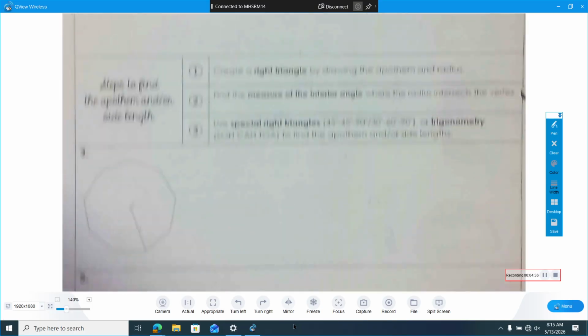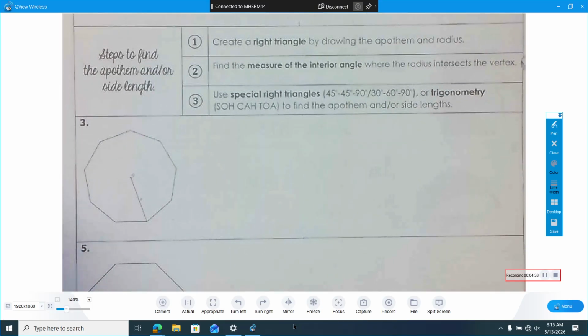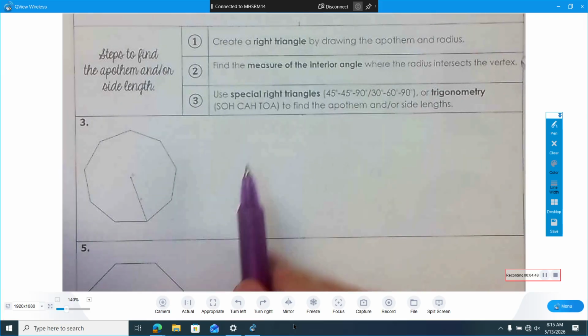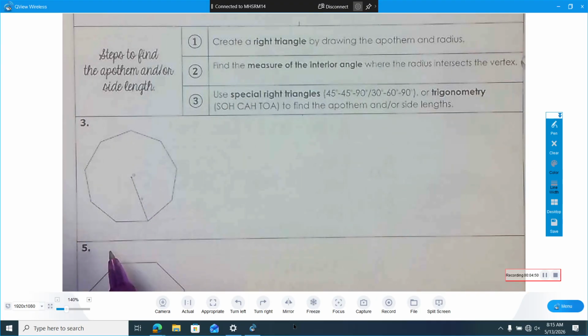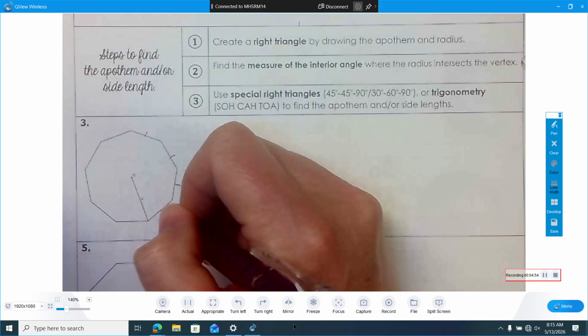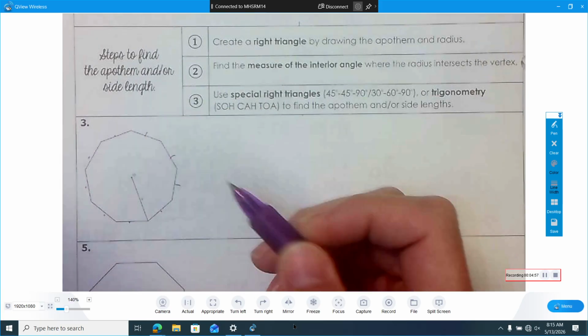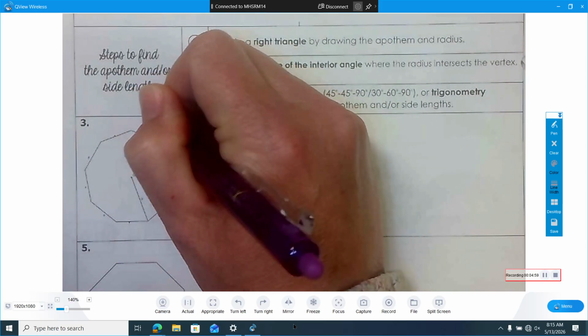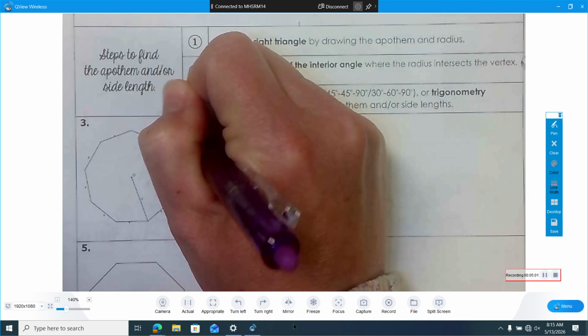And so what we're going to do is a little process here. These are from Delta Math, so you can really see what's coming ahead today. First I want to figure out how many sides I've got here. So 1, 2, 3, 4, 5, 6, 7, 8, 9. So this is 9 sides.